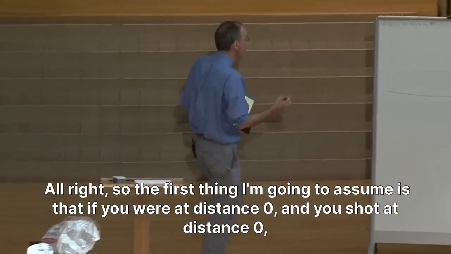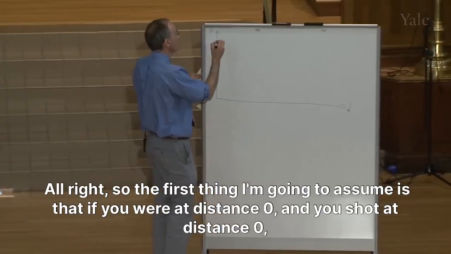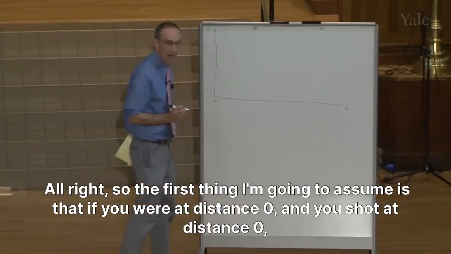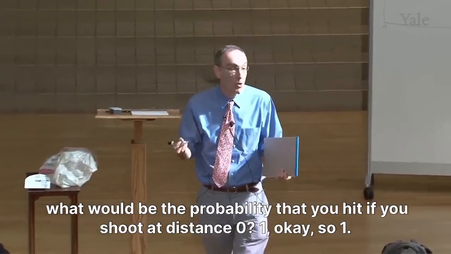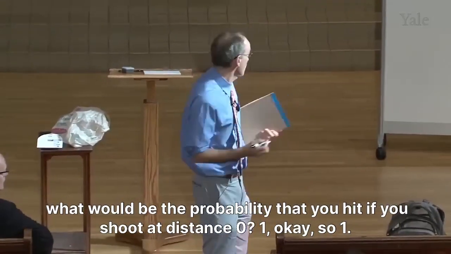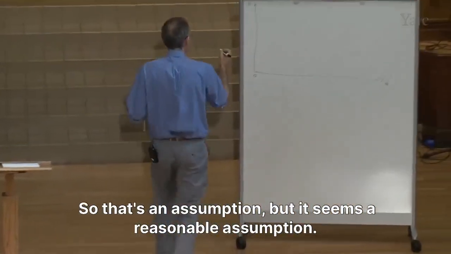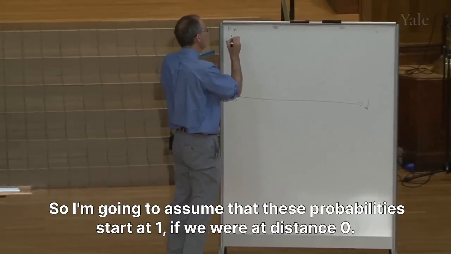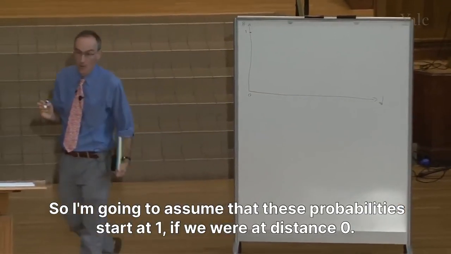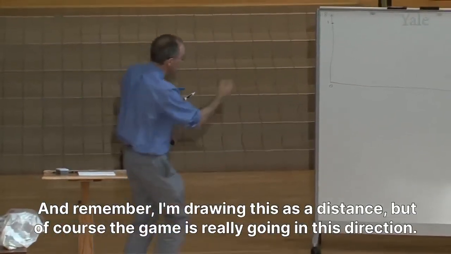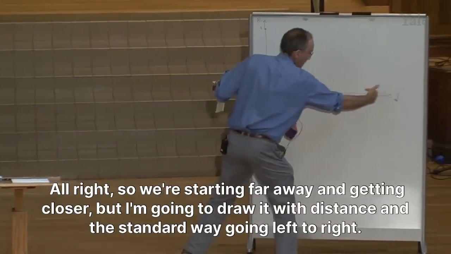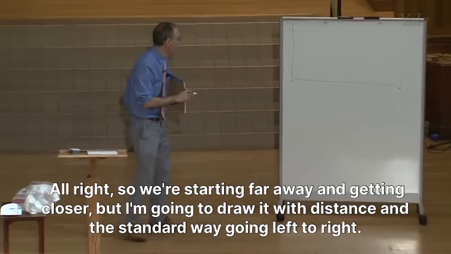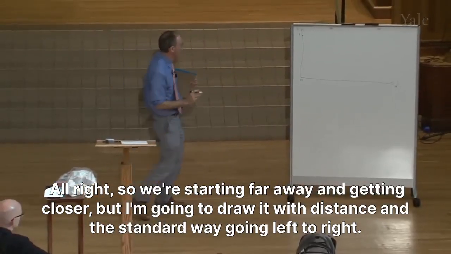The first thing I'm going to assume is that if you shot at distance 0, the probability that you hit is 1. That seems a reasonable assumption. So I'm going to assume that these probabilities start at 1 at distance 0. And remember, I'm drawing this as distance, but of course the game is really going in this direction. We're starting far away and getting closer, but I'm going to draw it with distance in the standard way, going left to right.